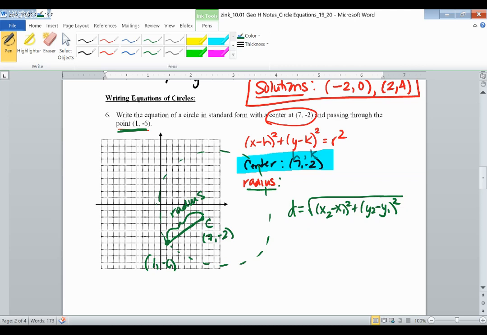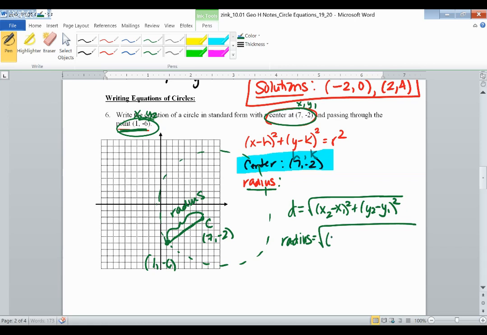So now I'm going to use these 2 points to find the distance. So let's call this our x1, y1, and this one will be our x sub 2, y sub 2. So the distance, and actually instead of d, because I think that could be confusing with diameter, I'm going to switch it to radius.